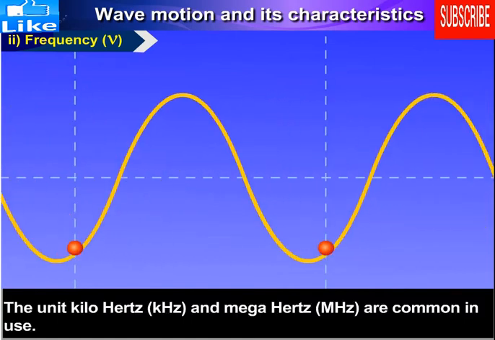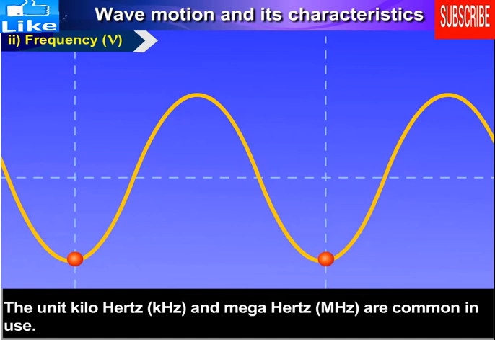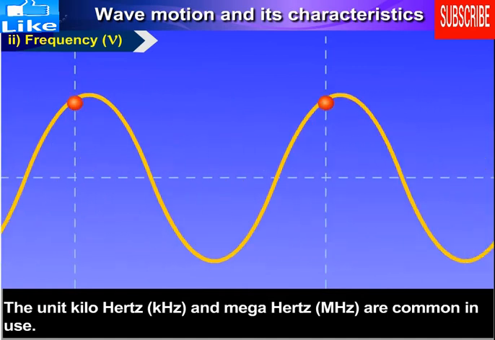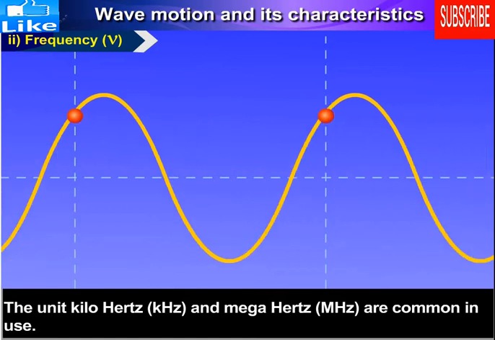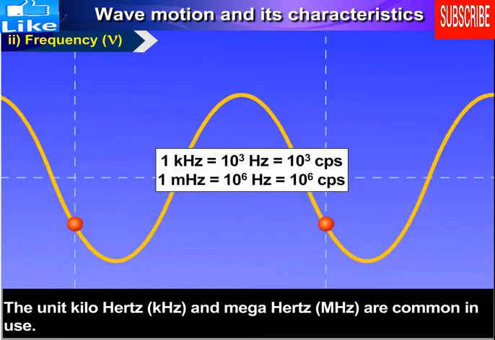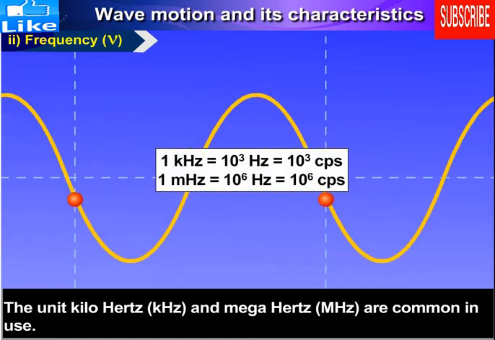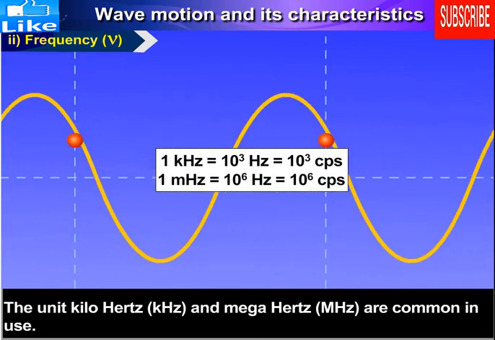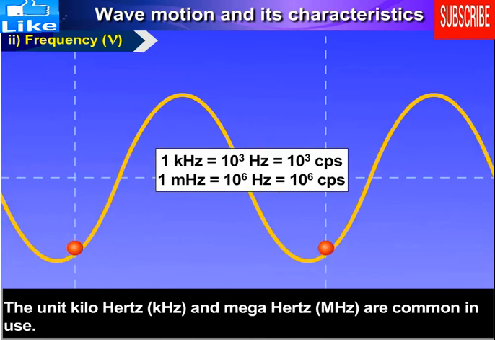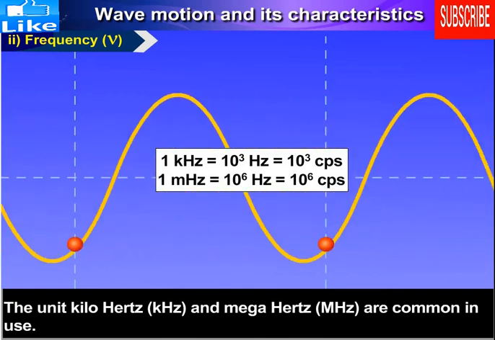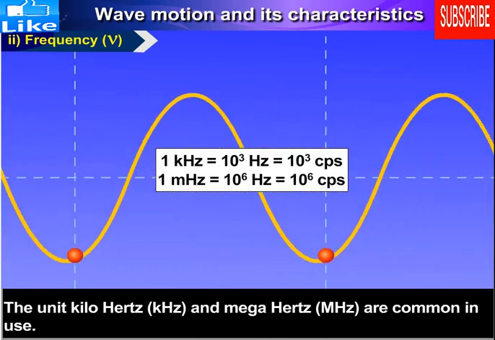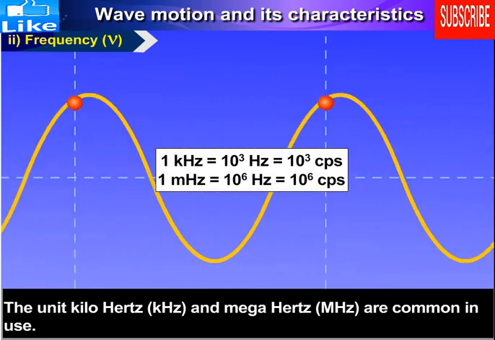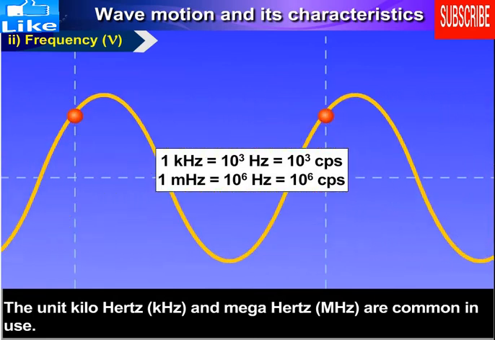The units kilohertz, kHz, and megahertz, MHz, are common in use. 1 kilohertz equals 10 raised to 3 hertz, equals 10 raised to 3 CPS. 1 MHz equals 10 raised to 6 hertz, equals 10 raised to 6 CPS.